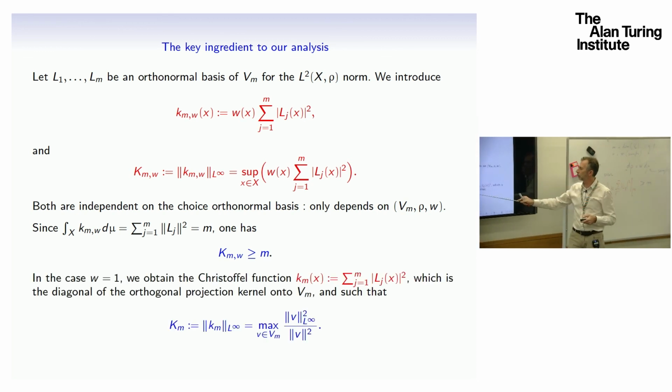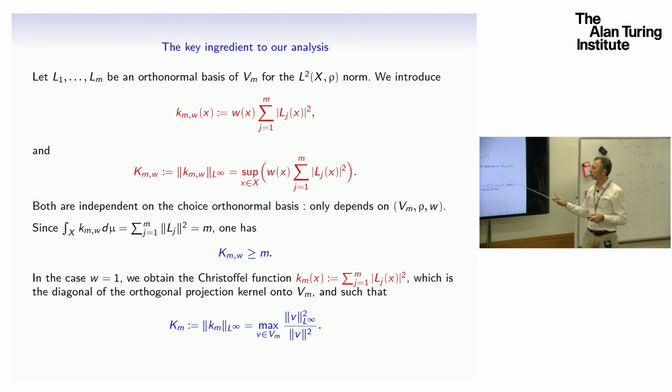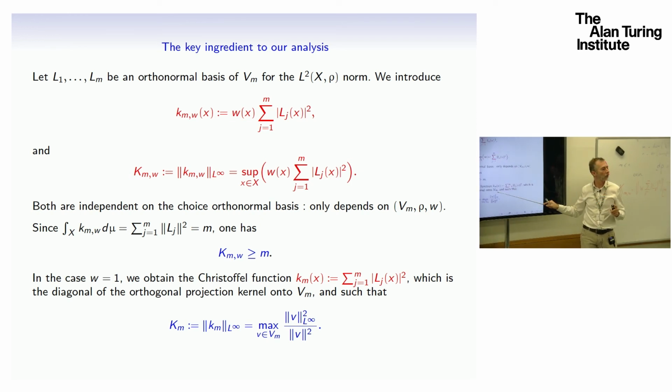And in the case where W equals 1, you get a simpler expression, which has an interpretation. It's called a Christoffel function. You see that this is essentially the diagonal of the integral kernel of the orthogonal projection operator onto Vm. Okay? It also has an interesting interpretation.